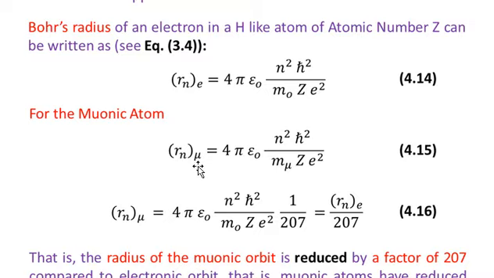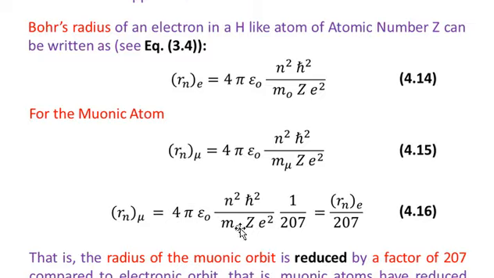On the right hand side I have the same parameters as in equation 14, except that I have replaced the mass of the electron with the mass of the muon. And you know that the mass of the muon is 207 times the mass of the electron. So representing it in terms of the mass of the electron, I have a factor of 1 over 207, separated from the rest of the parameters.